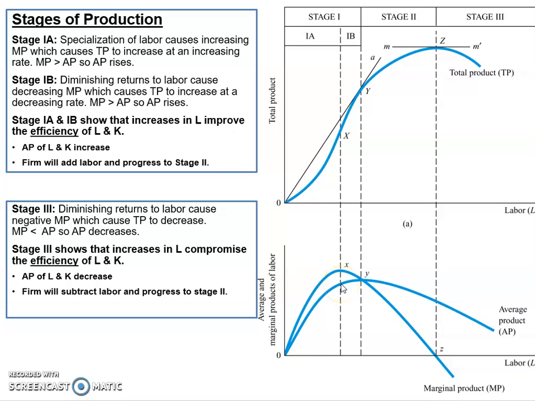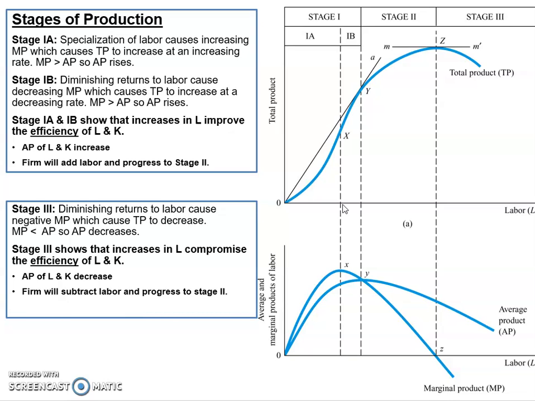This is a stage where workers are becoming more productive. And it's because of specialization. This stage exemplifies the example I gave you in the last video. We're getting specific workers to specific jobs. The cooks are specialists. The drive-through cashiers are specialists.